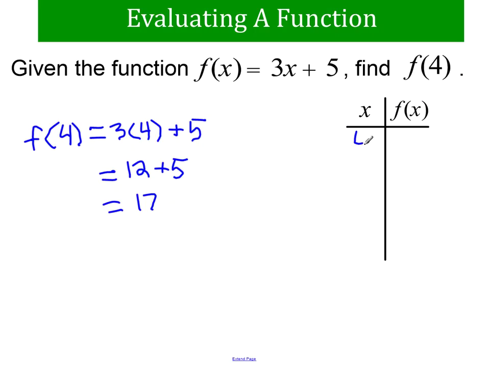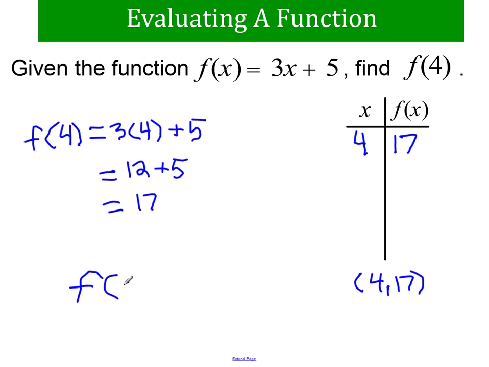So we can write this as a table of x and f of x. This is the coordinate point for 17. So you can write this also as a coordinate point, (4, 17). So you show the evaluation of this function f of x at 4 as a final answer like this.